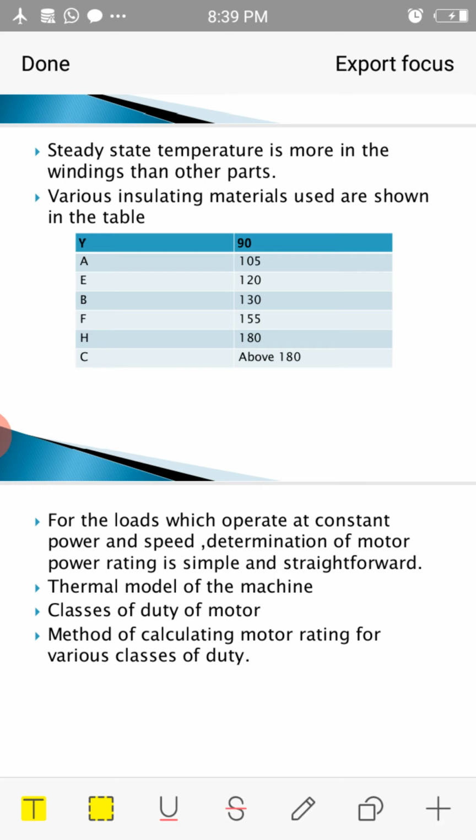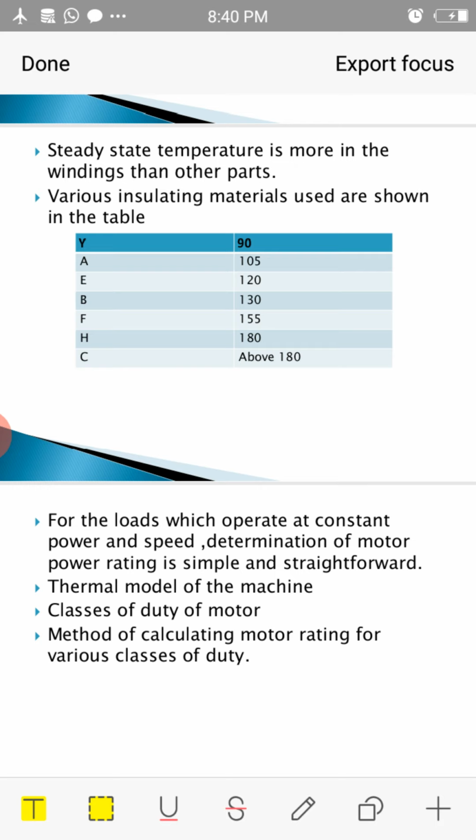But most motors are going to operate at variable speed as well as variable power. So in this module we are going to discuss the thermal model of the machines, and we will derive an equation for the temperature rise of the machine, and on which parameters this temperature rise depends.